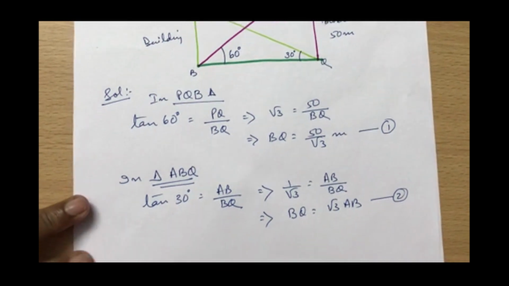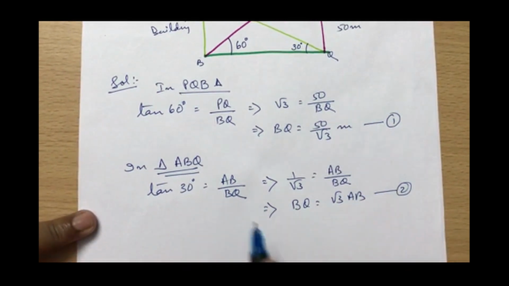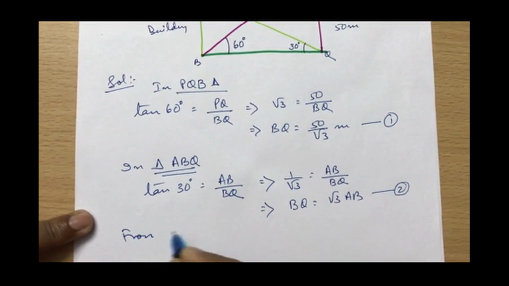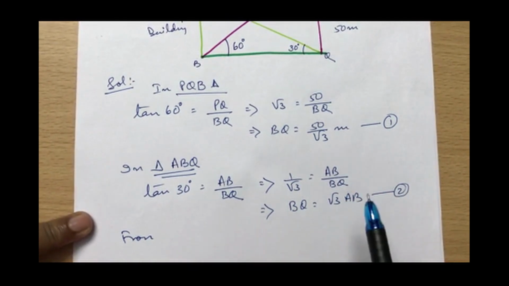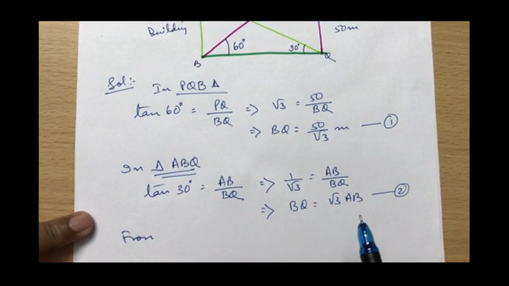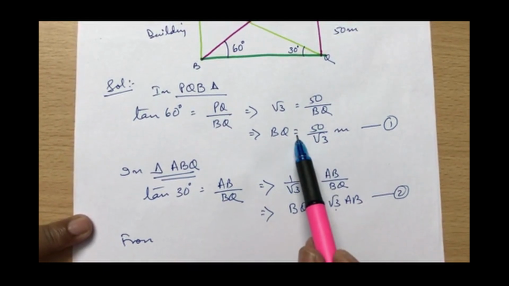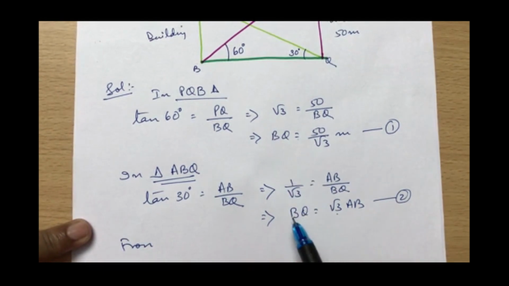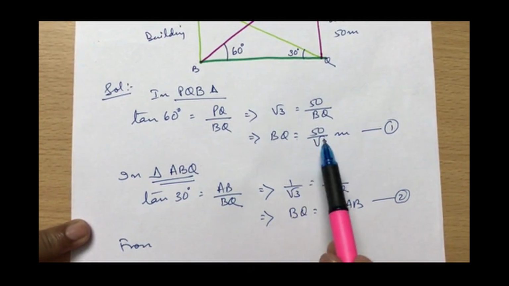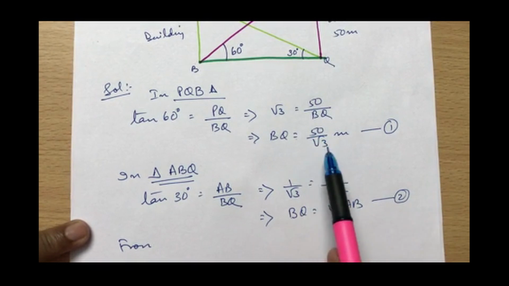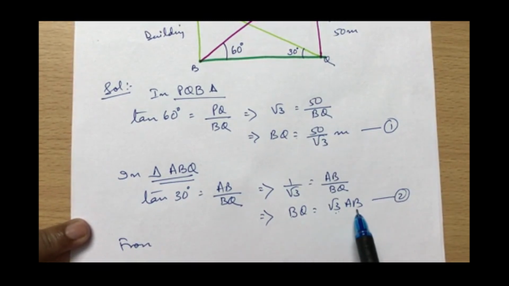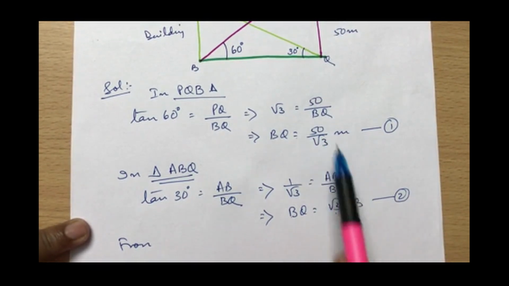Now from equation 1 and 2, we have two ways. Either you can substitute the value of BQ in equation 1, or equation 1 and 2, both of them have BQ is equal to 50 by root 3 and root 3 AB. So you equate the right hand side.